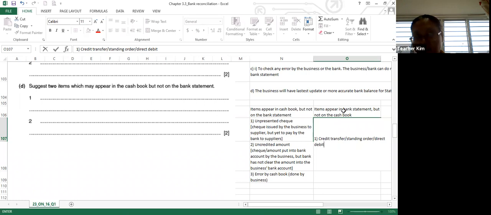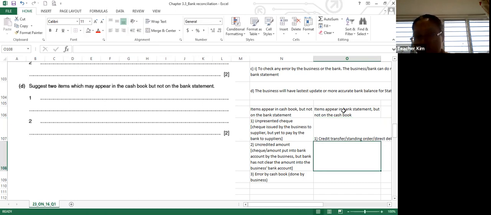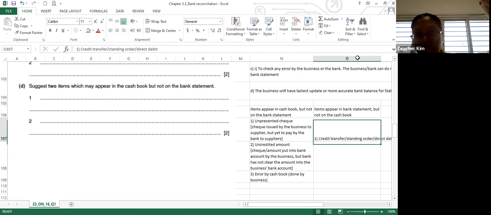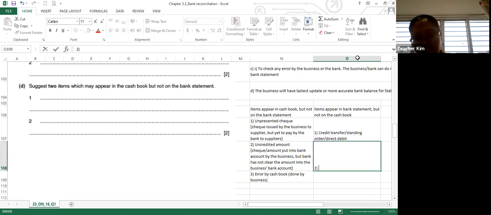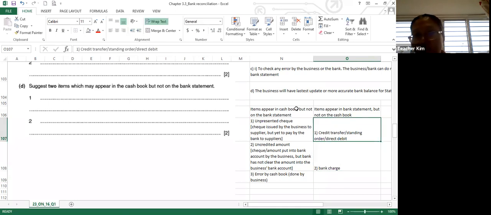Okay, so this one, what else is possible? Credit transfer, standing order, direct debit. So these can all happen, and then what else? Bank charge. Okay.